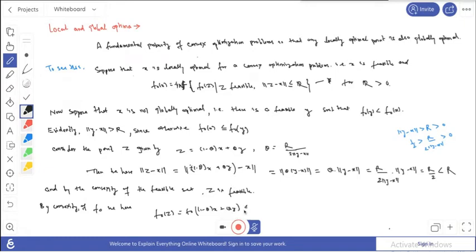This is less than or equal to, by the convex function property, (1 minus theta) f naught of x plus theta f naught of y. The objective function is f naught. So this equals f naught of x plus theta times (f naught of y minus f naught of x).